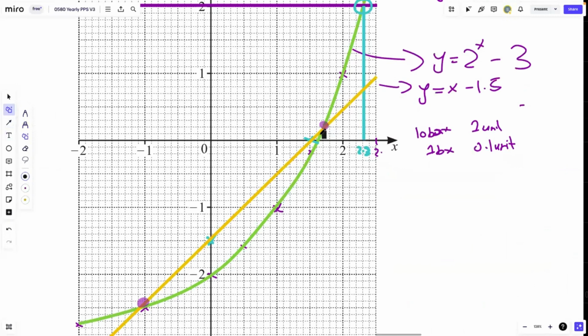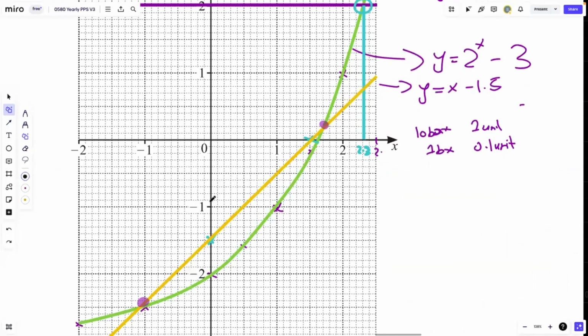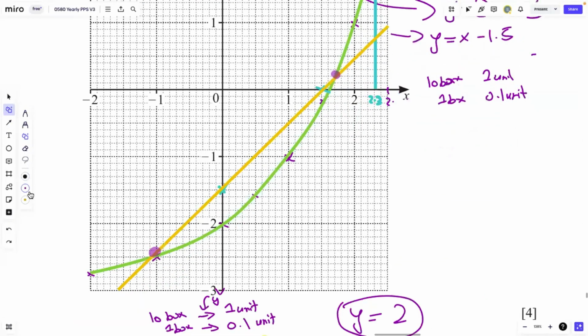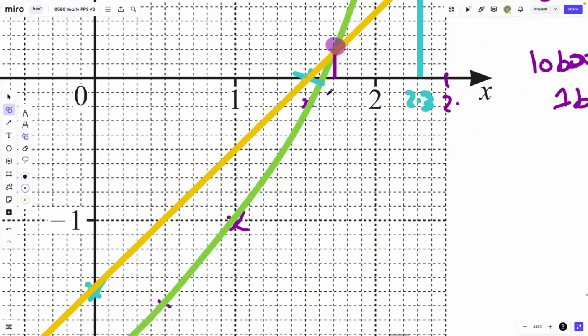The values that we have here are going to be around 1.6, 1.7 actually.